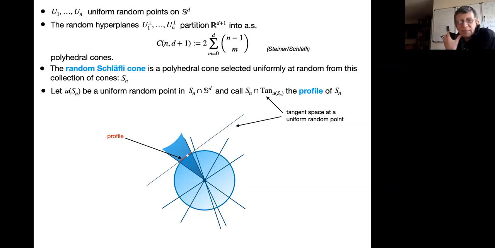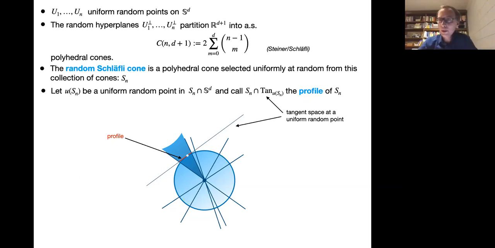And this profile is able to capture the shape of this cone, because if you know this random polytope, you can reconstruct the cone. And the question is, so what Cover and Efron saw is that the expected f vector of this profile converges to the f vector of a cube.